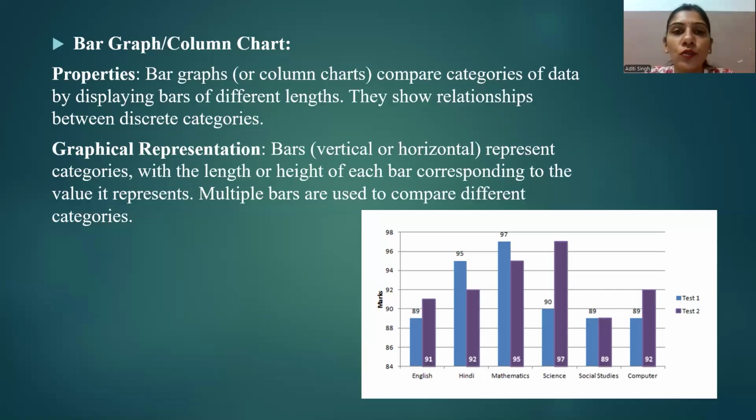You have to choose a suitable scale to determine the height of each bar. As we discussed at the start, the guidelines for preparing a graph say you have to choose a suitable scale for determining the height of each bar.